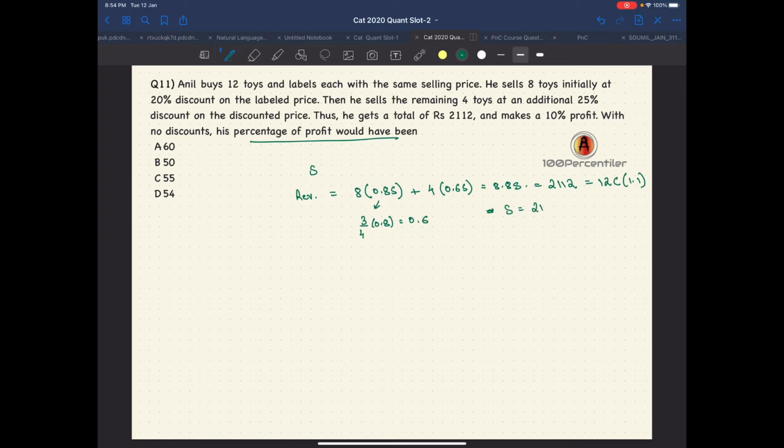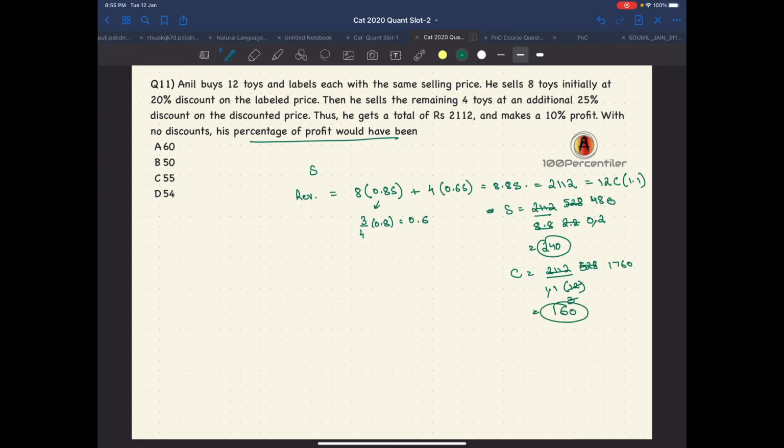So S is 2112 upon 8.8, which is 240, and C is 160.